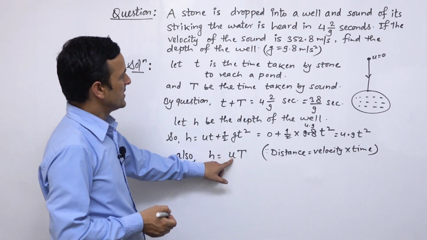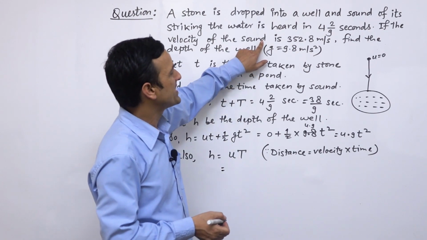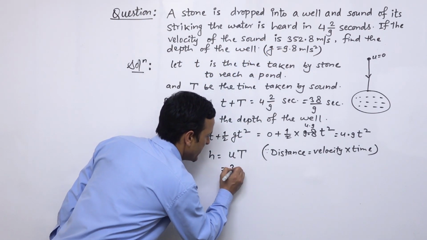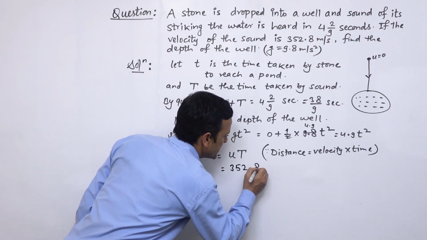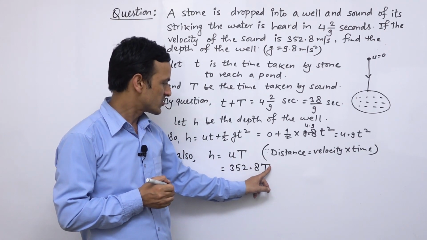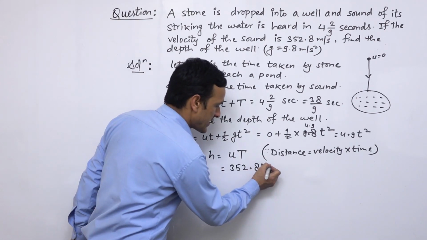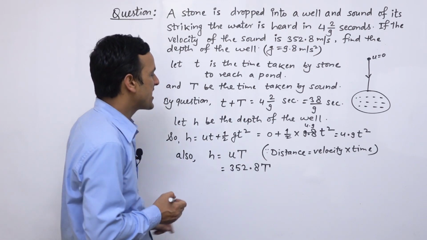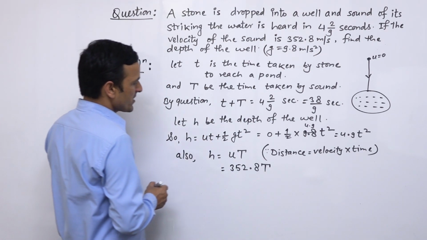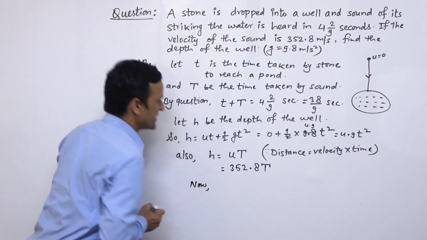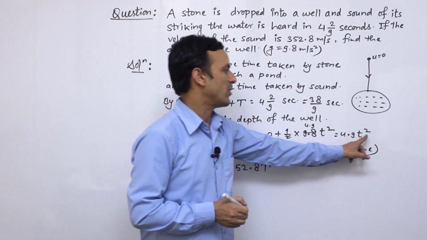So the velocity of sound is here, so it is 352.8 times capital T. Capital T is unknown, so leave it, we can just copy this. So 352.8 times capital T. Now we can equate this value and this value.